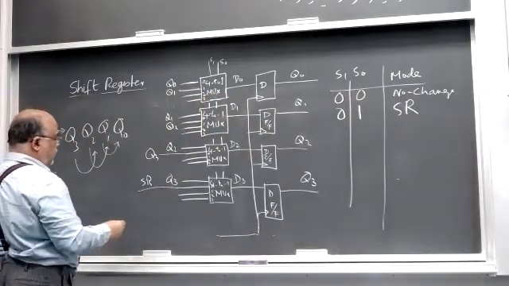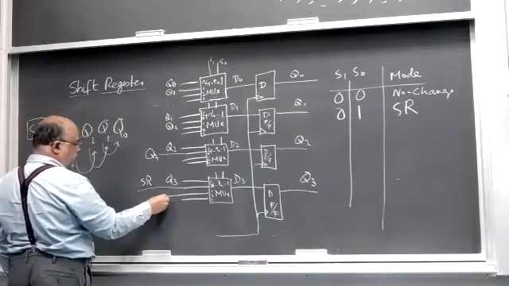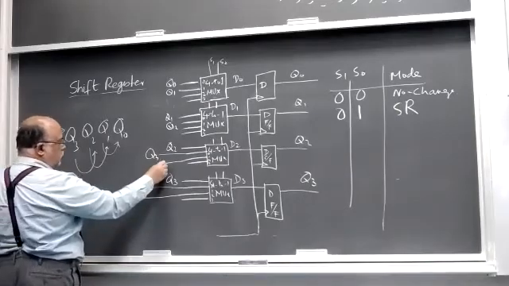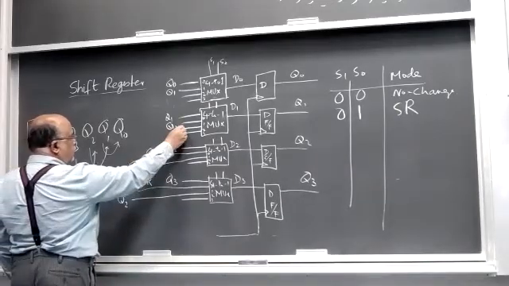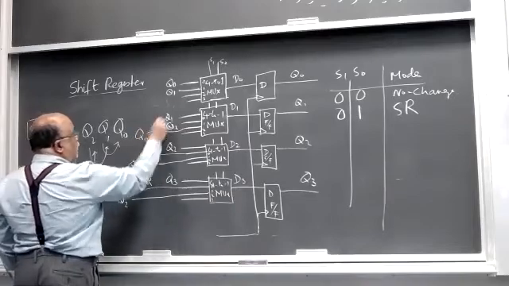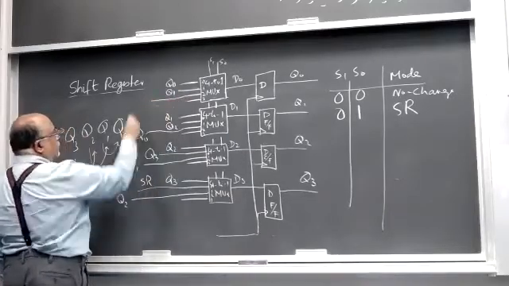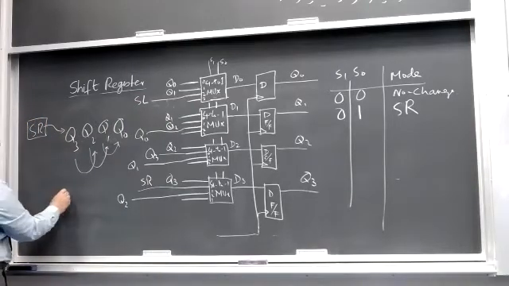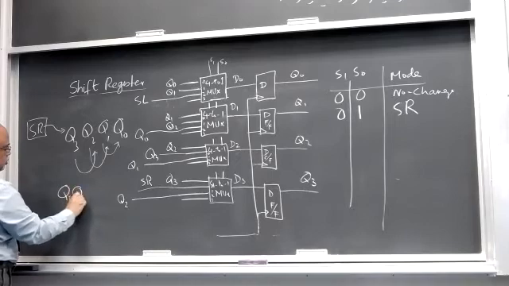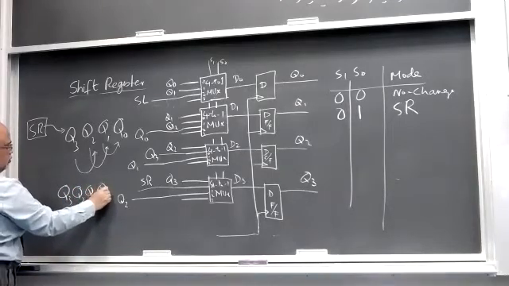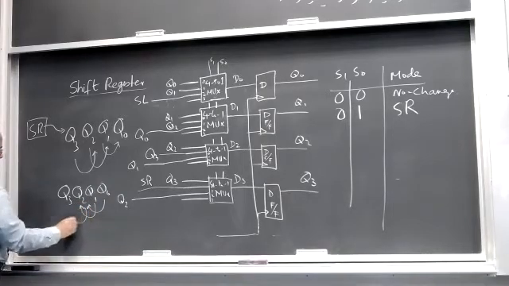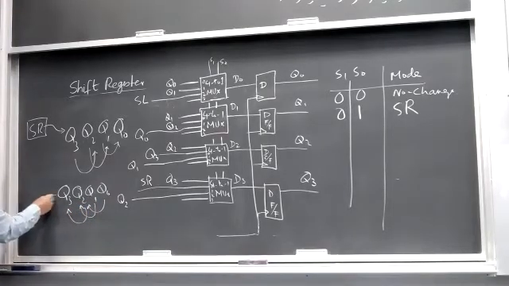Similarly, we can have this over here. What should I connect here? Q2. What should I connect here? Q1. What should I connect here? Q0. What should I connect to Q0? Shift left. So when it is performing the shift left operation, this comes here, this comes here, this comes here, this goes to oblivion, gone.